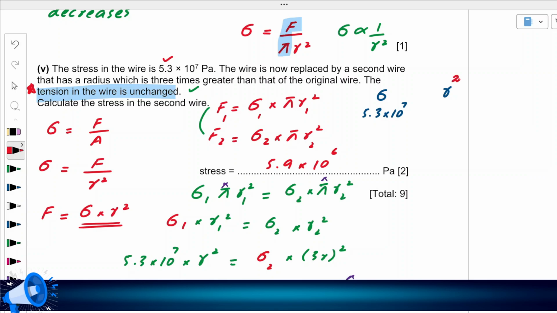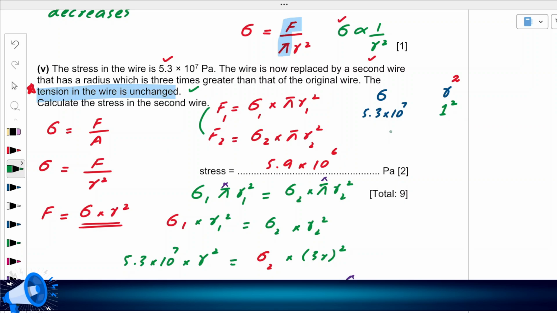The most important thing, the relation that we have mathematically is always between stress and square of radius. So what is the initial radius? We don't know, so I'm going to call it 1. So I'll write square of 1 here.